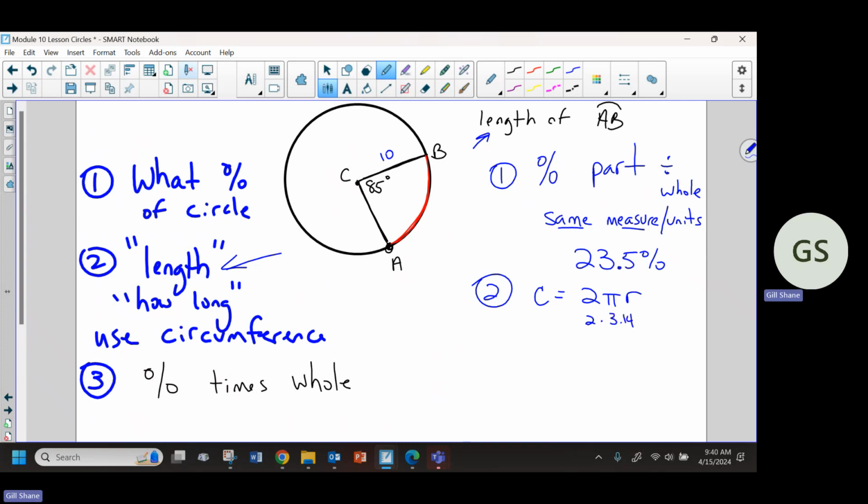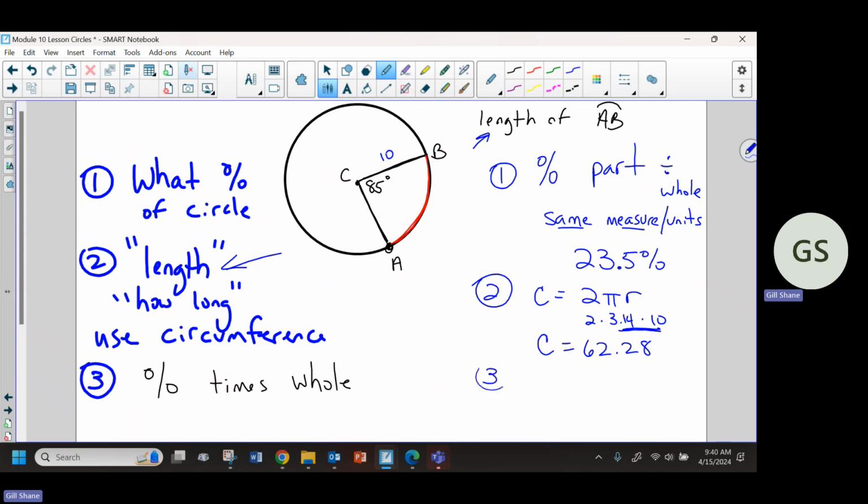You should use the pi button, but round it. And then r is 10. So that's 31.14 between those two. And then that times 2 is 62.28. That's my circumference. That's the entire circle. That's what circumference is. We went over that earlier in this video.